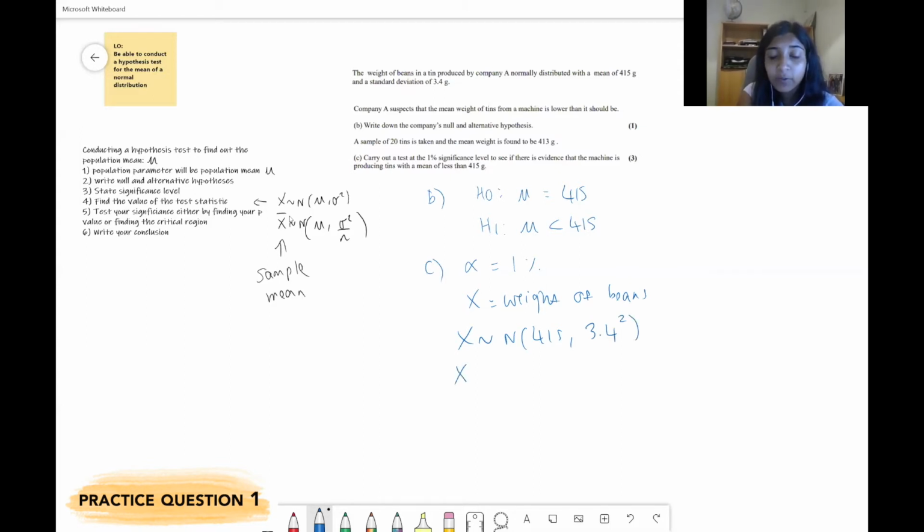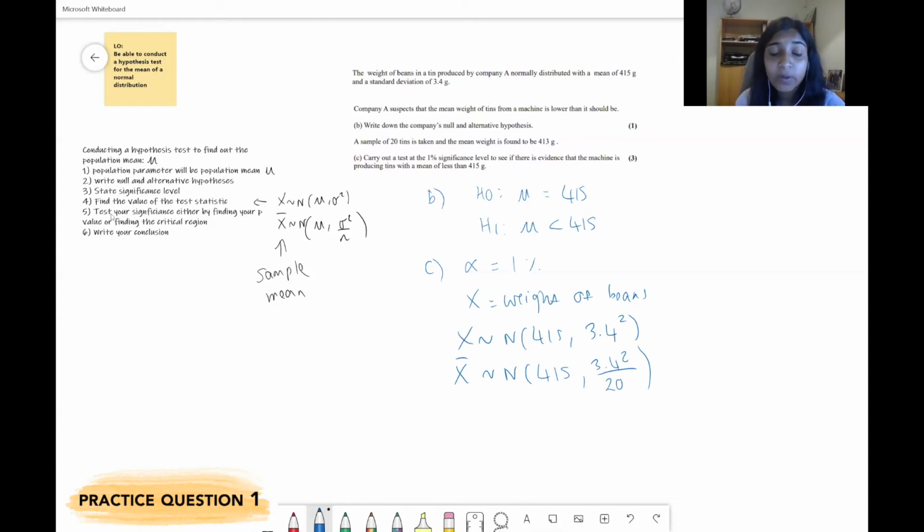Now we want to use our sample mean, X bar, and we want that to be normally distributed with our mean, which is still 415, and sigma squared over n, so that would be 3.4 squared over n. Because our sample is 20, it'll be over 20. So that's our new parameters for our sample mean.